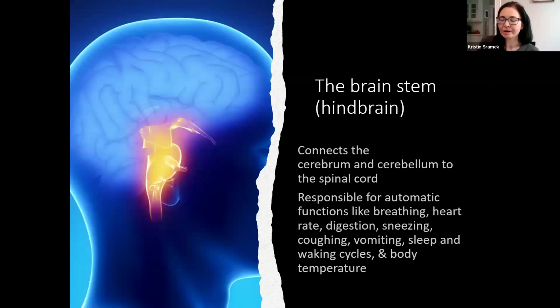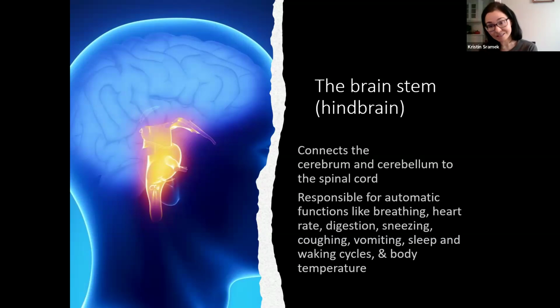In particular, what the brainstem is responsible for is a lot of automatic functions. So we learned about the autonomic nervous system. A lot of that is governed in the brainstem. So things that we don't do on purpose that our body kind of handles for us, things like breathing, heart rate, digestion, sneezing, coughing, vomiting, your sleep-wake cycle.